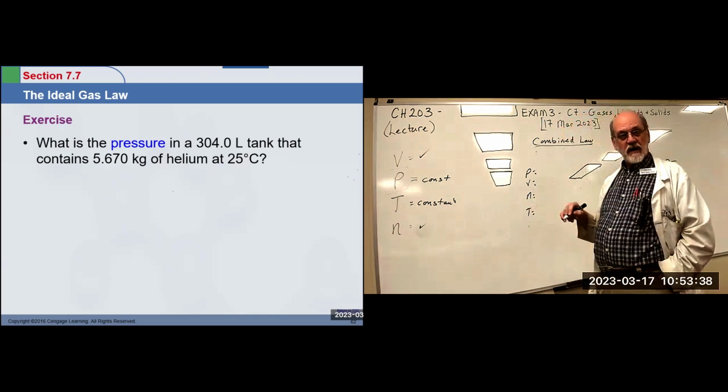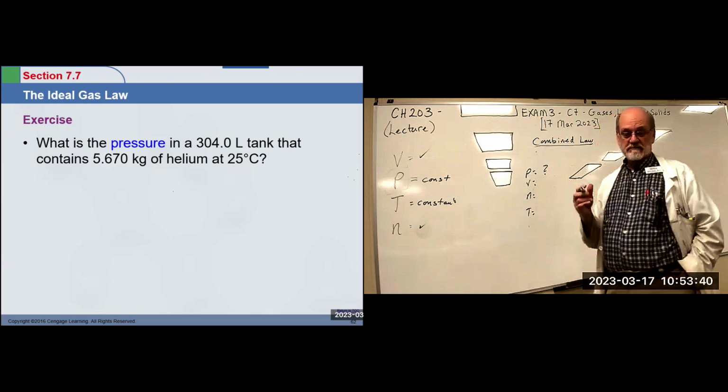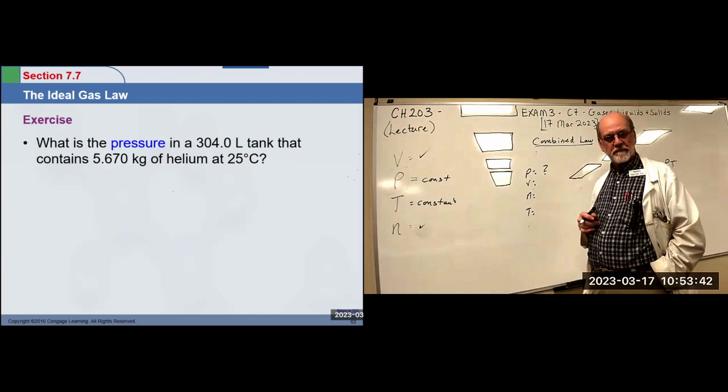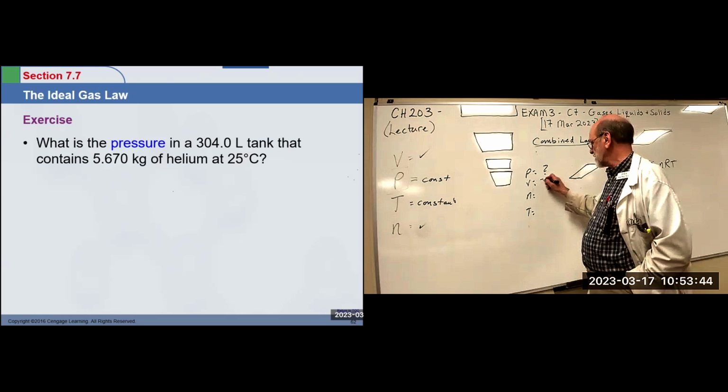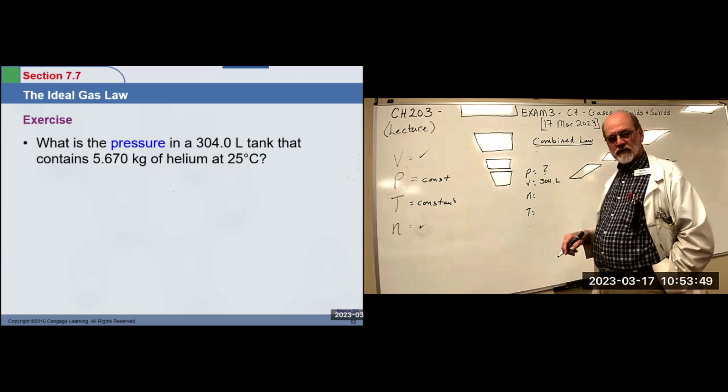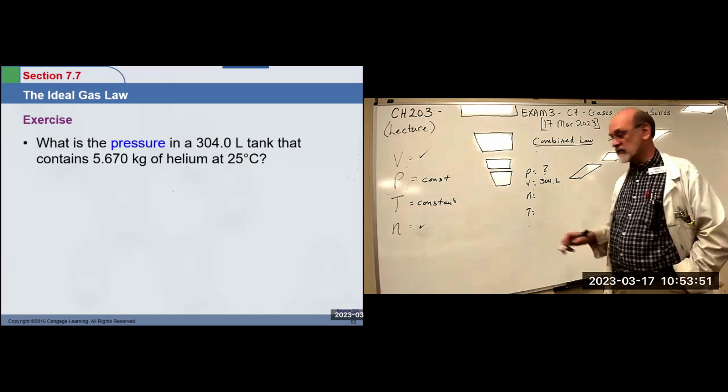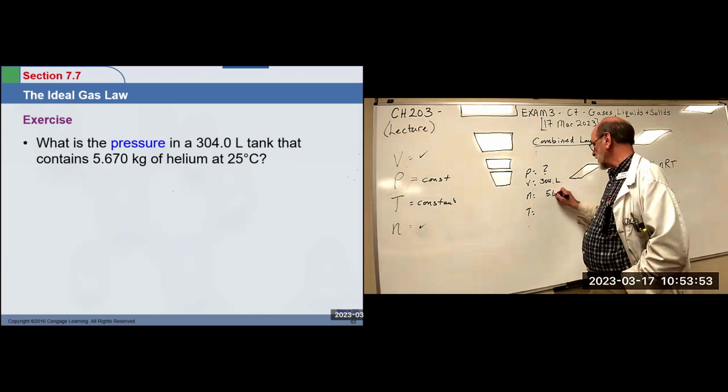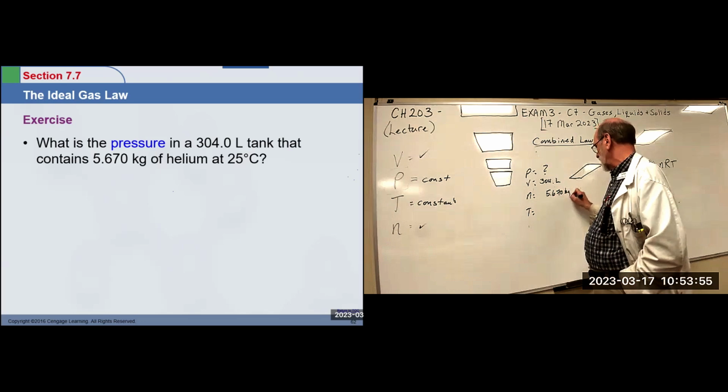Right? We want to know the pressure. 304 liters. Okay. That's in the right units. Moles. We don't know the moles. We know kilograms. So it's 5.670 kilograms of helium.